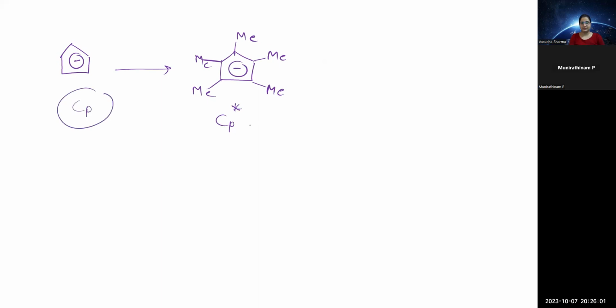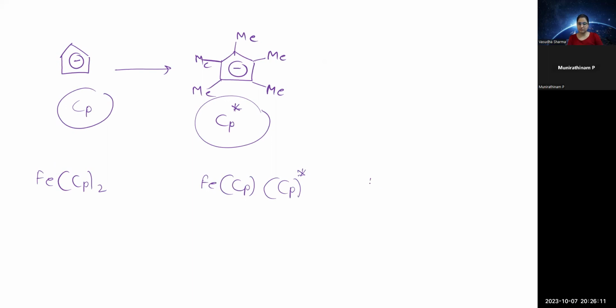This is Cp. Okay. So now if I have iron Cp2, iron with one Cp and one Cp star, this is also a one-electron charged ligand, and this is Cp star 2. So we need to find out which one is going to have what kind of Mössbauer spectrum. Firstly, we will see the iron in +2. Since it is a different kind of geometry, it is not octahedral, so we can't split it in an octahedral field. So here the iron in +2 has these 6 electrons.